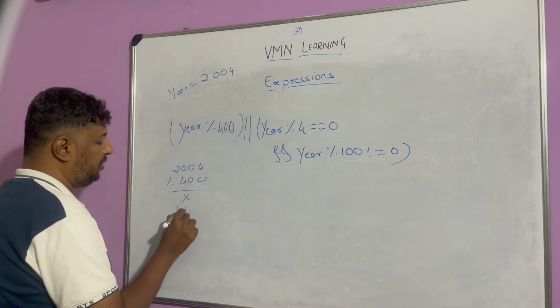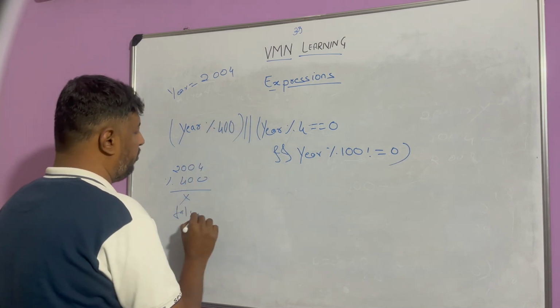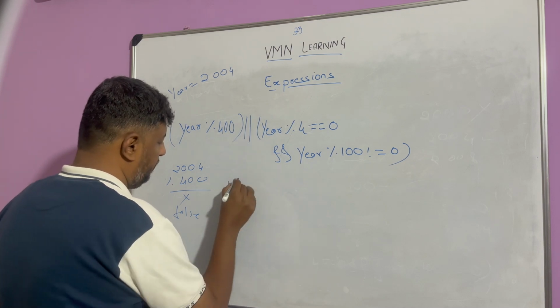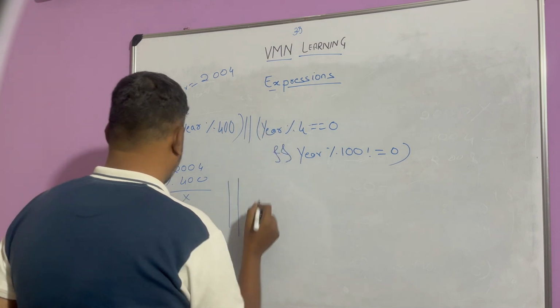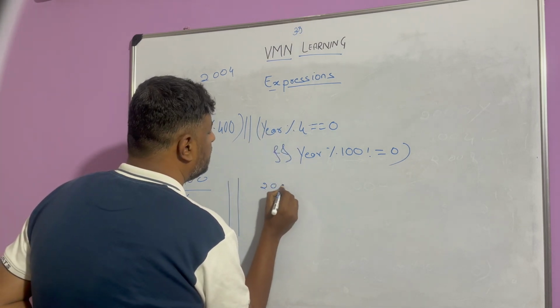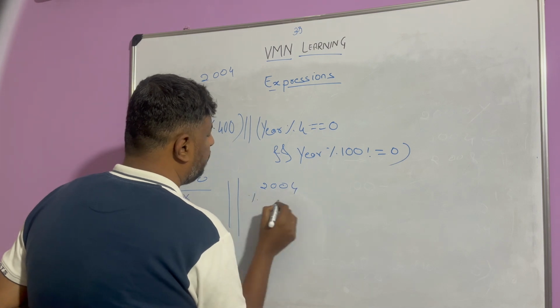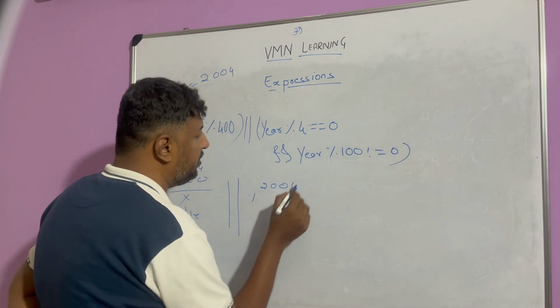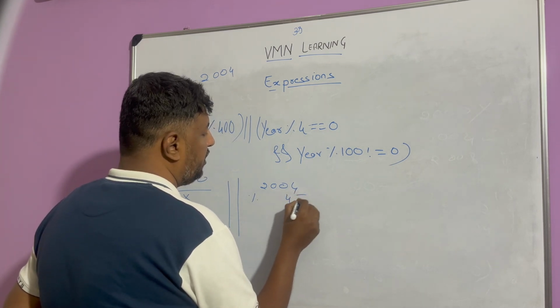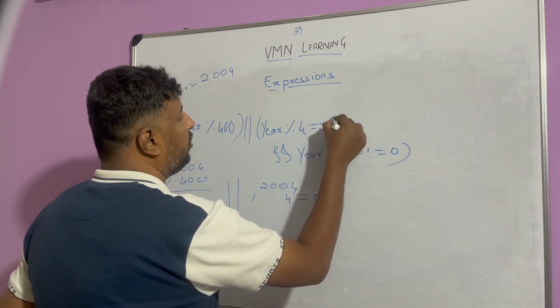So from false, it will go to here. 2004 modular of 4, we divide, the remainder is 0. Correct? So this is true.